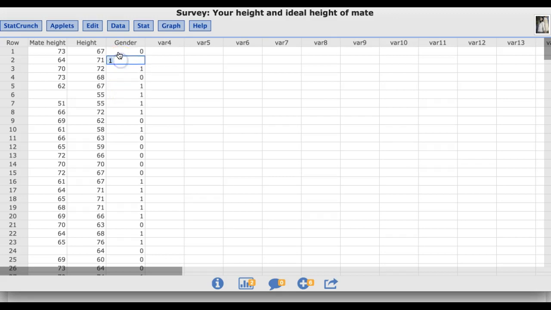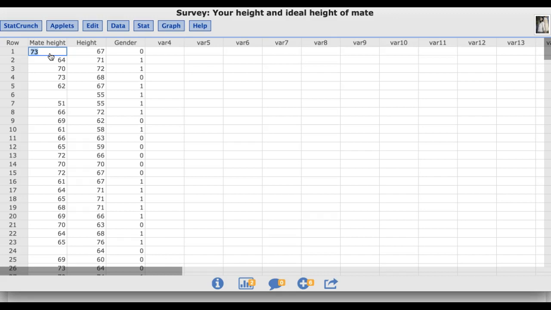There are all these other categories for gender now, so some surveys don't have just 0 1 outcomes. A lot of other studies are not binary. Anyways, this is the height of the respondent, I guess in inches, and this is the height of their ideal mate.